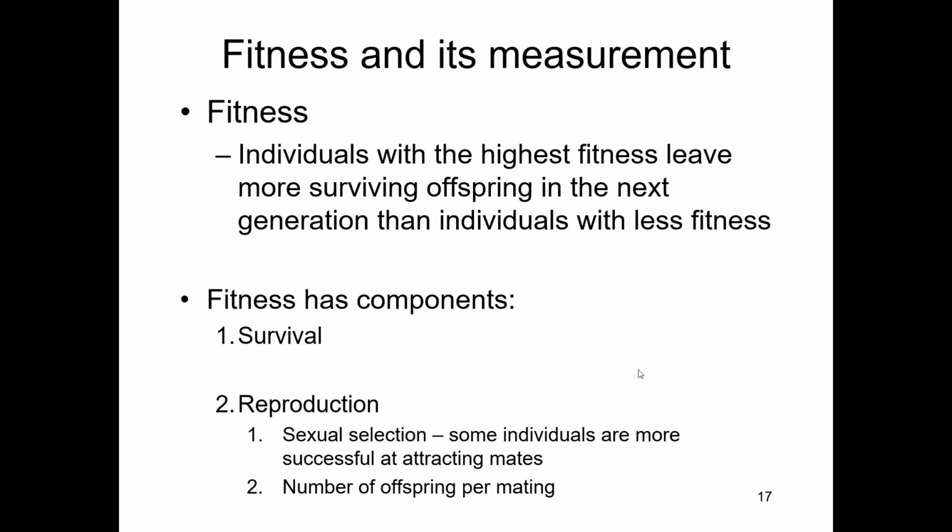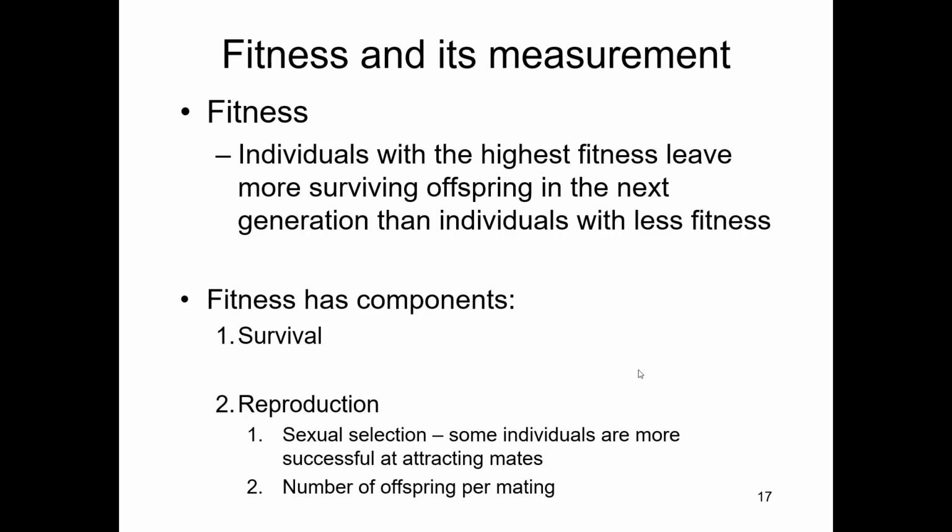And then the second part is reproduction. Now, reproduction is really the more important part of this, because you'll notice the definition of fitness has to do with how many offspring are left in the next generation from that individual, or from that genotype or phenotype. And so reproduction is the most critical part of fitness, but survival is important if you're going to have a long reproductive life.